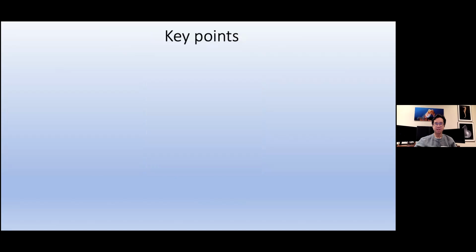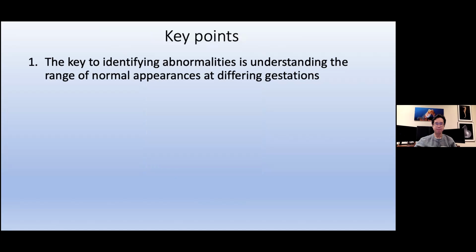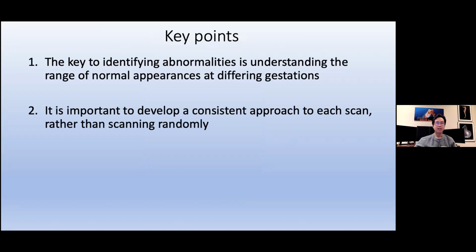All right, so key points. We need to try to understand what normal looks like. To do so, we can use the transverse plane of imaging to evaluate the fetal structures in detail. So be consistent and try to scan things in order as you see them, so that you have a consistent and systematic approach.